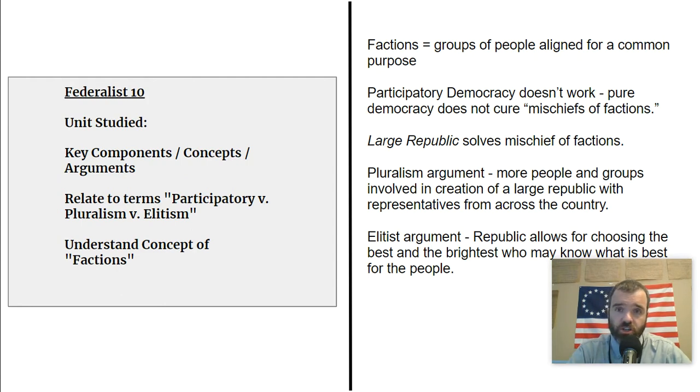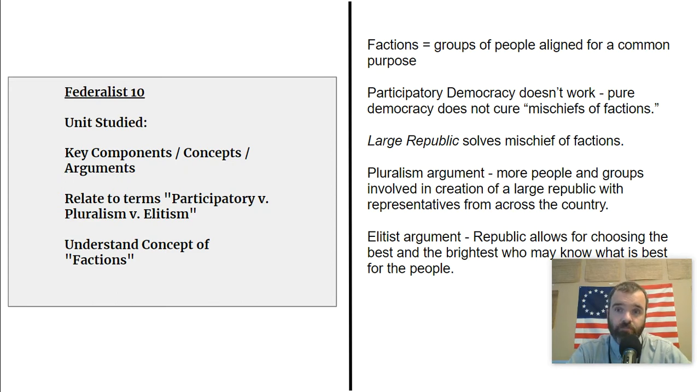The concern that some people have when it comes to democracy, and that people had at the time of the debate over the ratification of the Constitution, was that factions were very dangerous in a democratic system, and one faction could overrule the rights of minority groups, and minority factions could be overwhelmed. Not all voices would be able to be heard, and this could lead to tyranny.